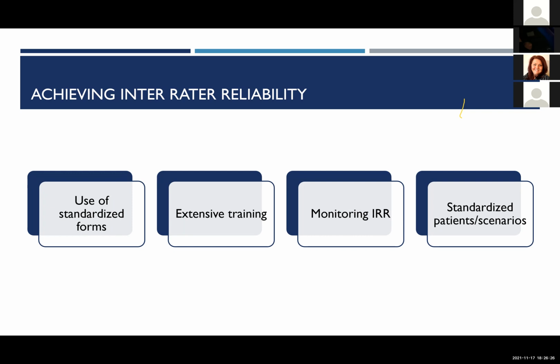Many of those research programs concluded these best practices, if you will, to help achieve a higher inter-rater reliability: the use of standardized forms, extensive training, monitoring the IRR, which is an abbreviation for inter-rater reliability, and standardized patients and scenarios. Almost all of the data that I looked at concluded the same things. These things are really critical to achieving higher inter-rater reliability rates. We'll take a closer look at each one of these.